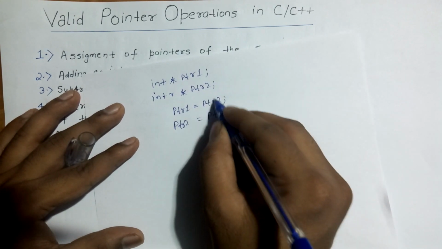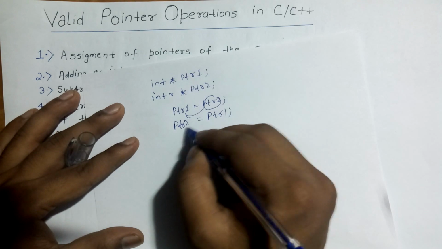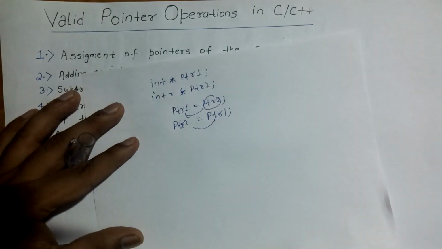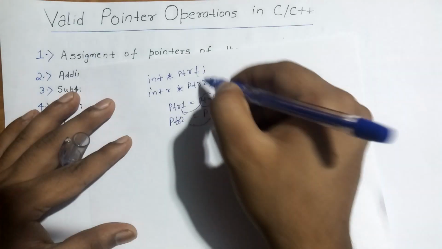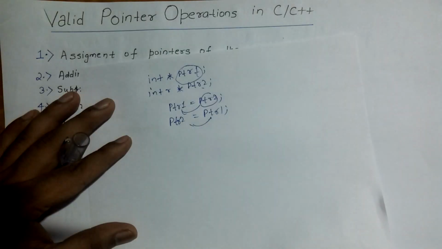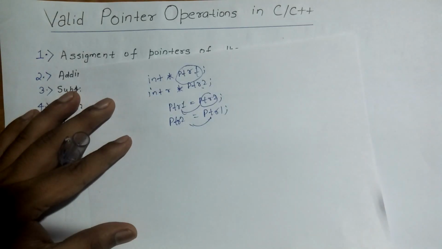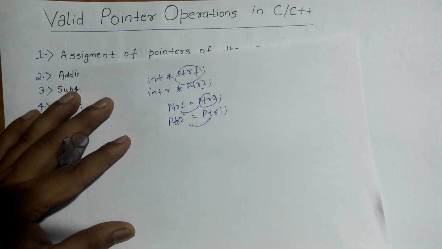If both pointers are pointing to the same data type, you can always assign them to each other.